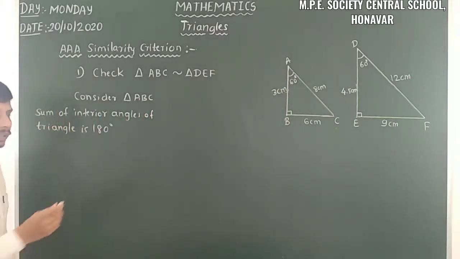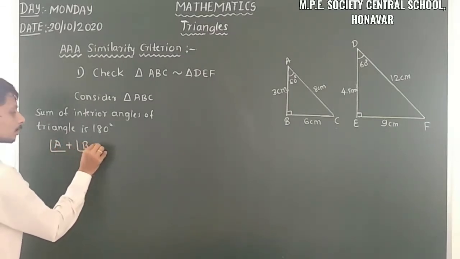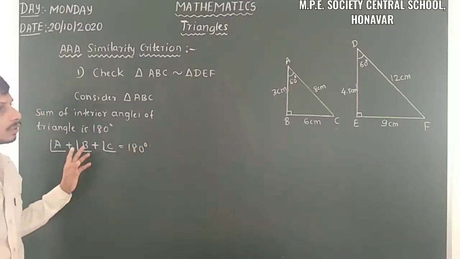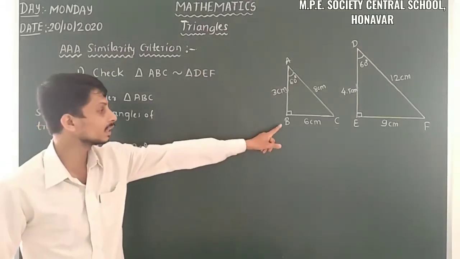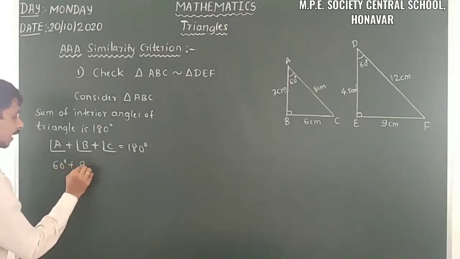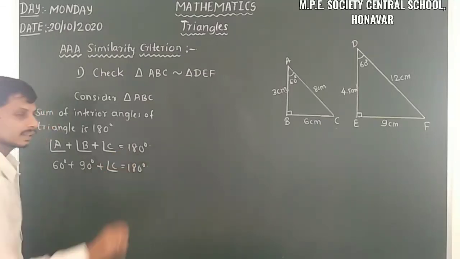So when we have a complete angle, we can take A plus B plus C is equal to 180 degrees. Here we know that angle A is equal to 60 degrees, angle B is equal to 90 degrees. That is 60 degrees plus 90 degrees plus angle C is equal to 180 degrees.